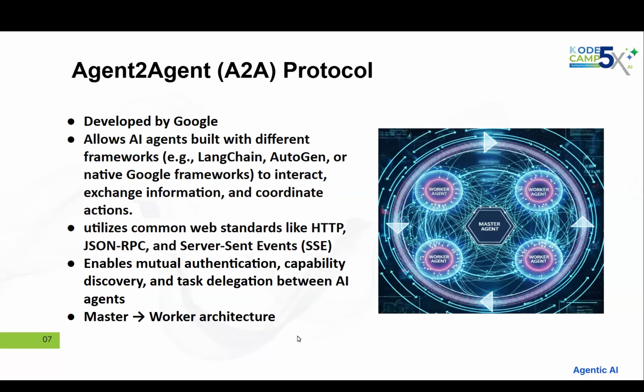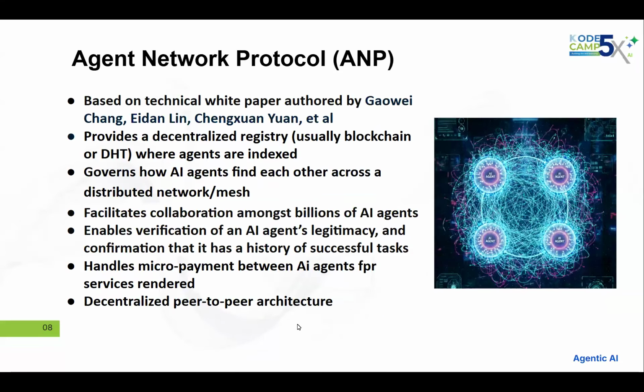So we go to the next one, and that's the Agent Network Protocol. It was the idea of Chang and a few others who authored a technical white paper about it. The idea is about providing a decentralized registry for indexing AI agents, which facilitates searching for AI agents.